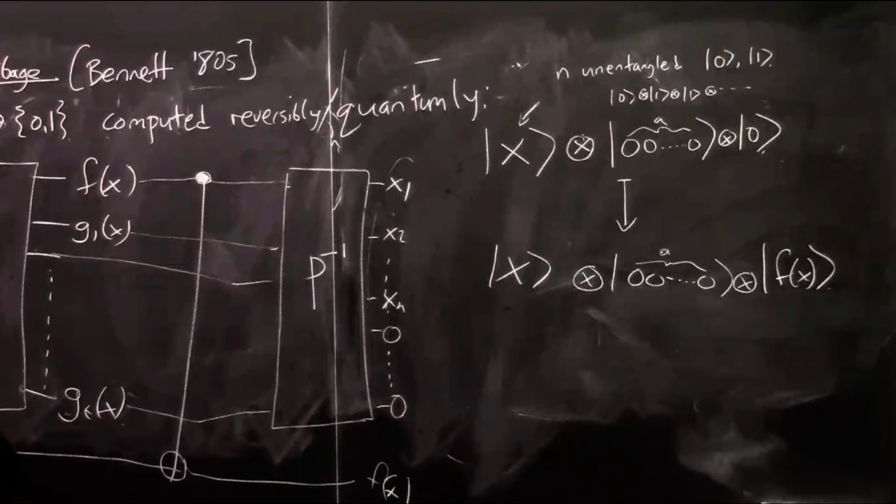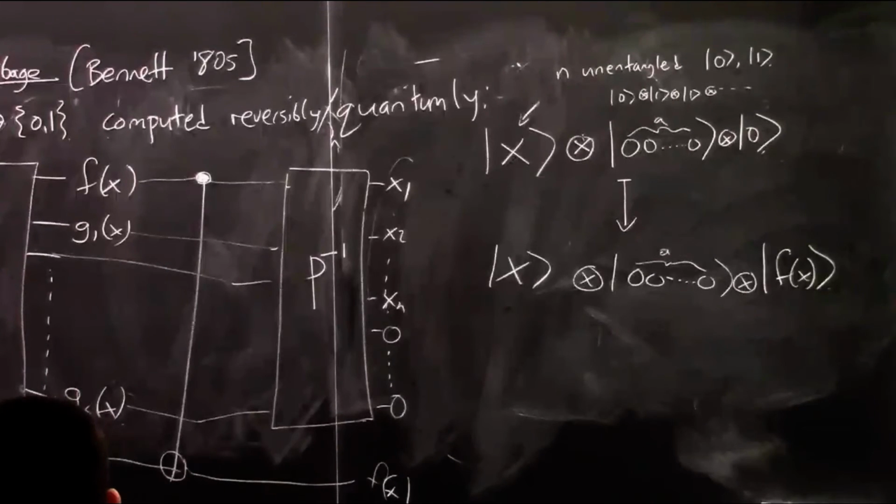So let me simplify. Imagine there's just one output bit. If you put in a 0, then what comes out is the answer. If you put in a 1 initially, then what comes out is 1 XOR the answer, in other words, the negation of the answer. And in general, if you put in some arbitrary classical string here, you get out the XOR of the answer with what you put in.